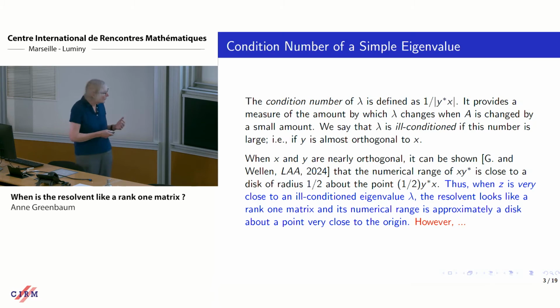And the numerical range would just be a disk of radius 1/2 about the origin. When they're almost orthogonal, that's almost the case.